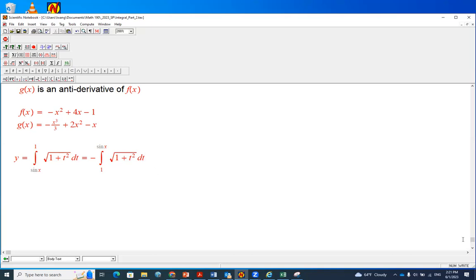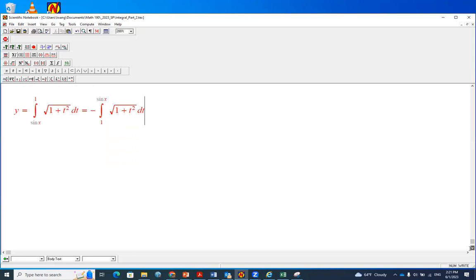But even though we don't know that, don't forget what we want. We want dy dx, the derivative of y. So we're taking the derivative of this function.